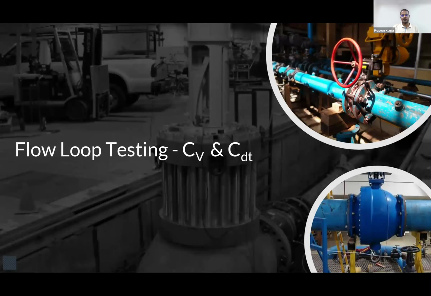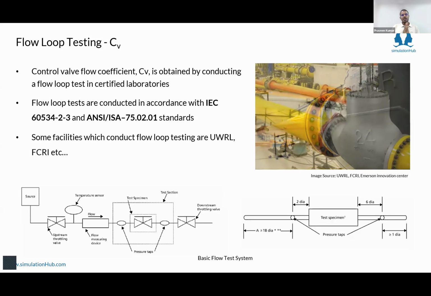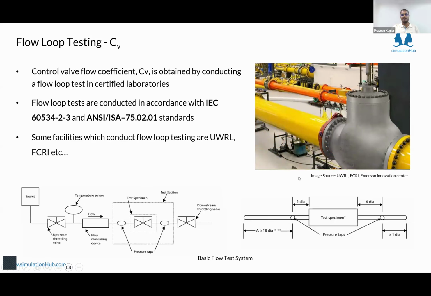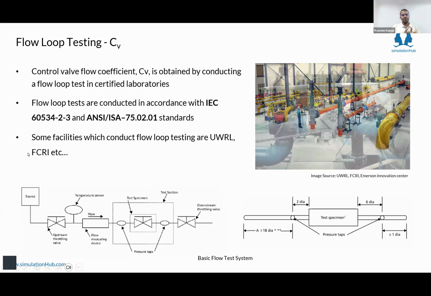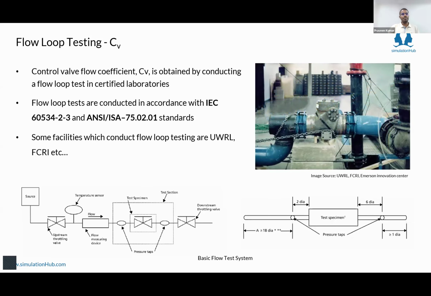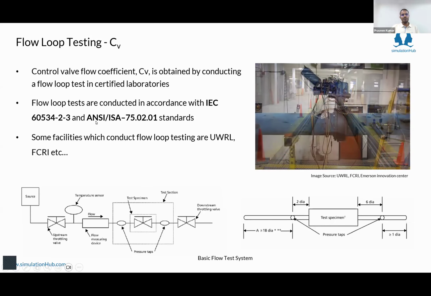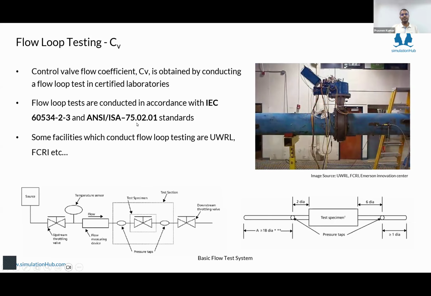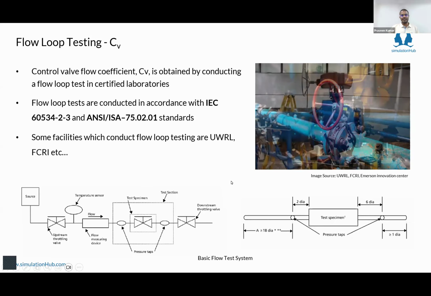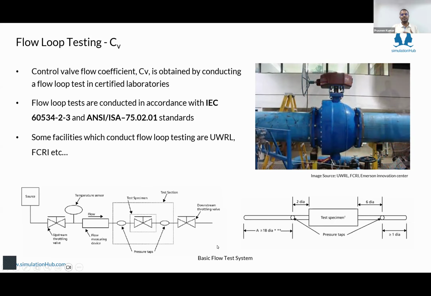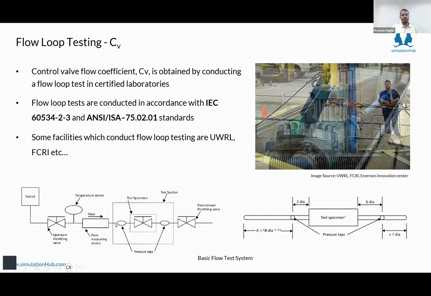First, we'll see this method. There are different certified labs, like Utah Water Research Laboratories in Utah, US, and the FCRA in Kerala, India. These laboratories follow standards like ANSI ISA 75.02.01, where the setup to conduct these flow loop tests is specified.